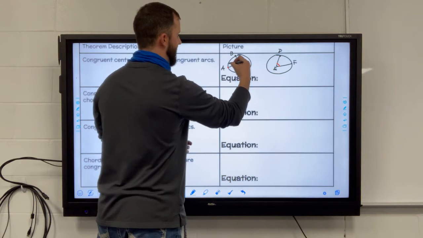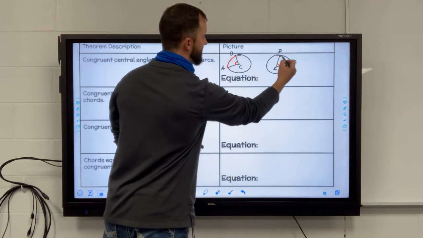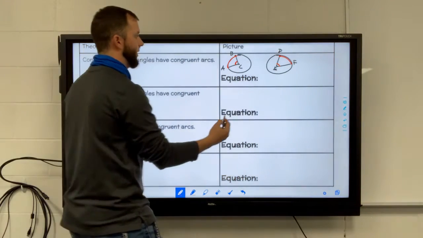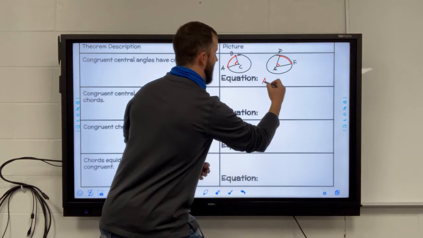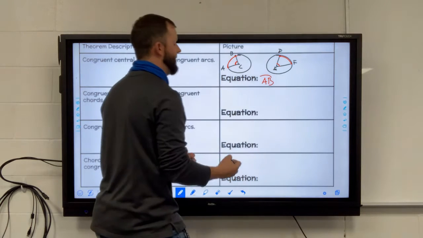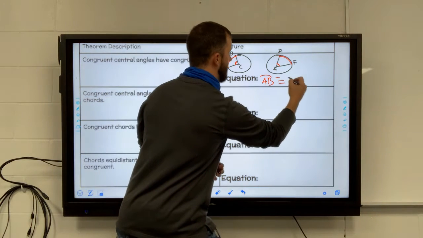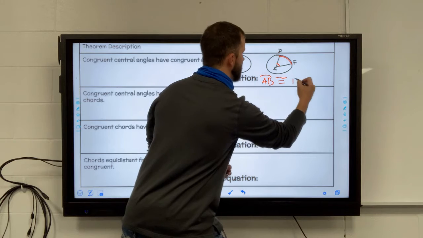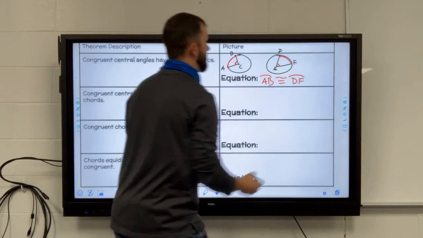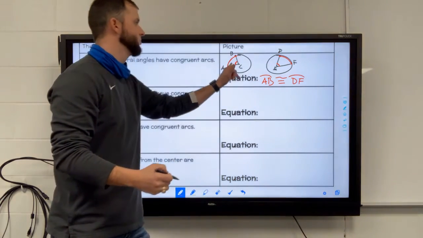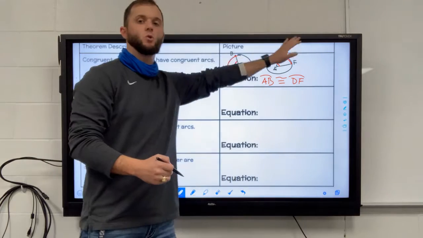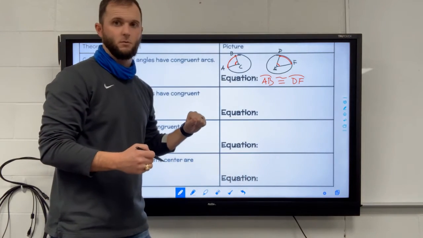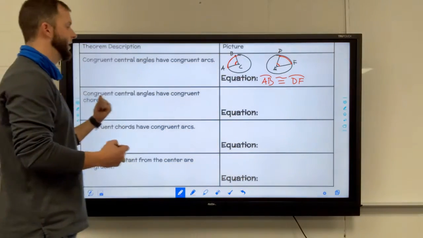So the arc from point A to point B and the arc from point D to point F are going to be congruent. Arc AB is congruent to arc DF, because since the central angles are congruent, your two arcs are congruent. Okay? All right, let's move on to the next one.